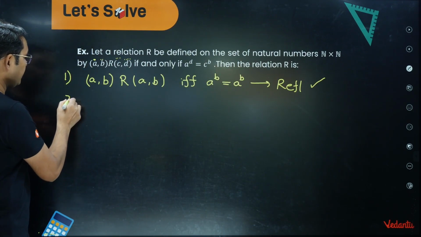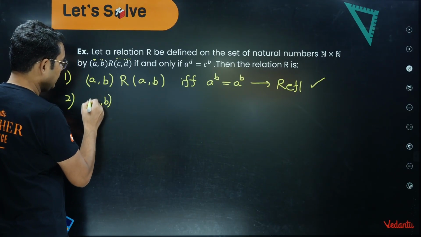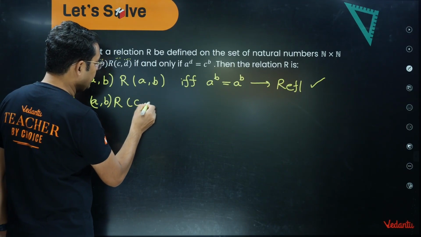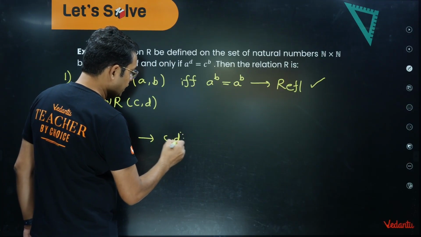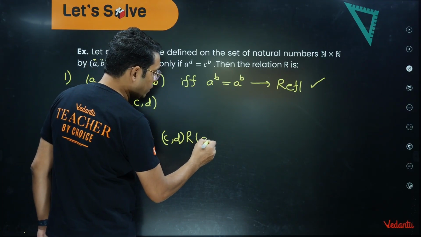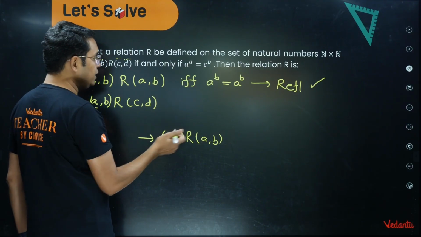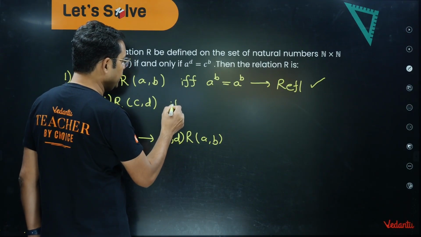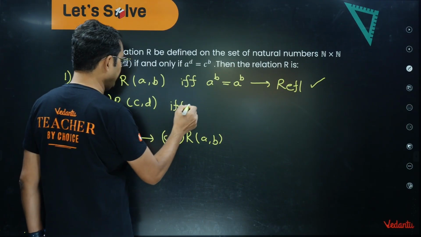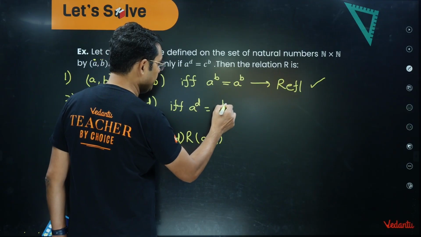Now coming to second, that is symmetric. Symmetric is if (a, b) is related to (c, d), then we must have (c, d) related to (a, b) also. Now we will check this using this condition only. (a, b) is related to (c, d) if and only if, as per given in the question itself, a raised to the power d is equal to c raised to the power b.